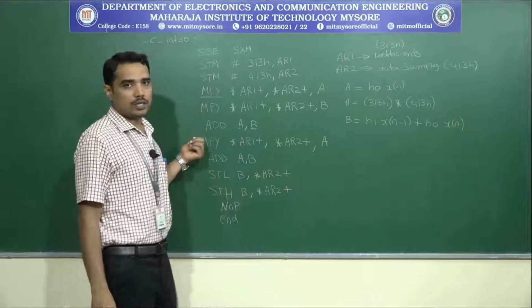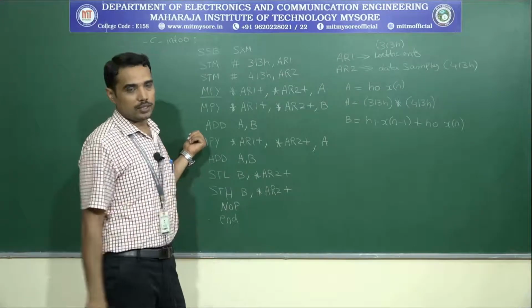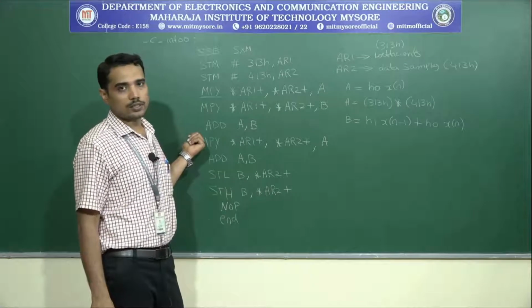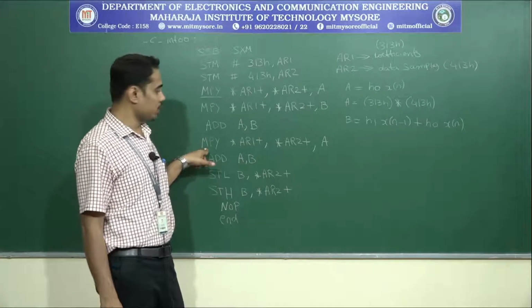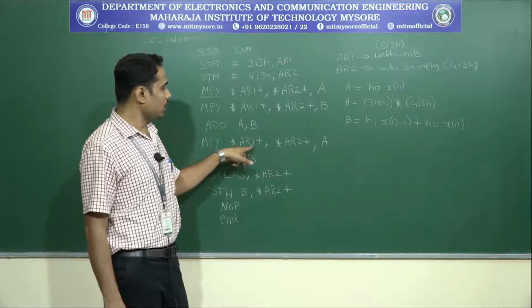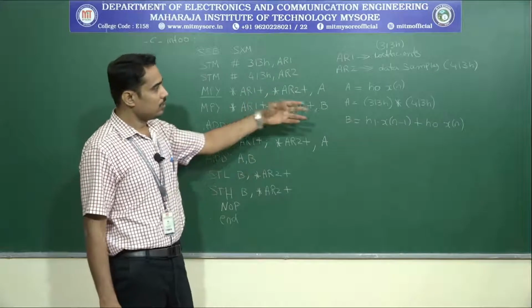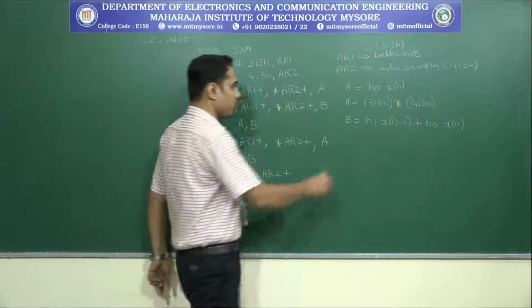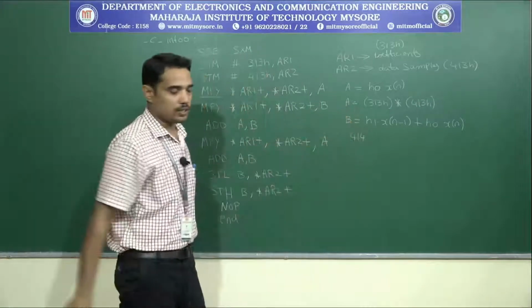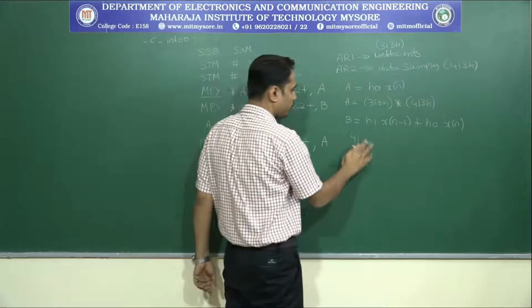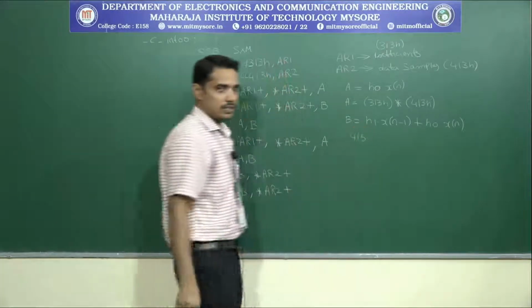Now we are left with the computation of the third product, that is H2 into X of n minus 2. For that purpose, we have to once again use the multiplication operation MPY star AR1 plus. Earlier the AR1 was pointing to 414. After the multiplication operation, that has been updated to 415H.